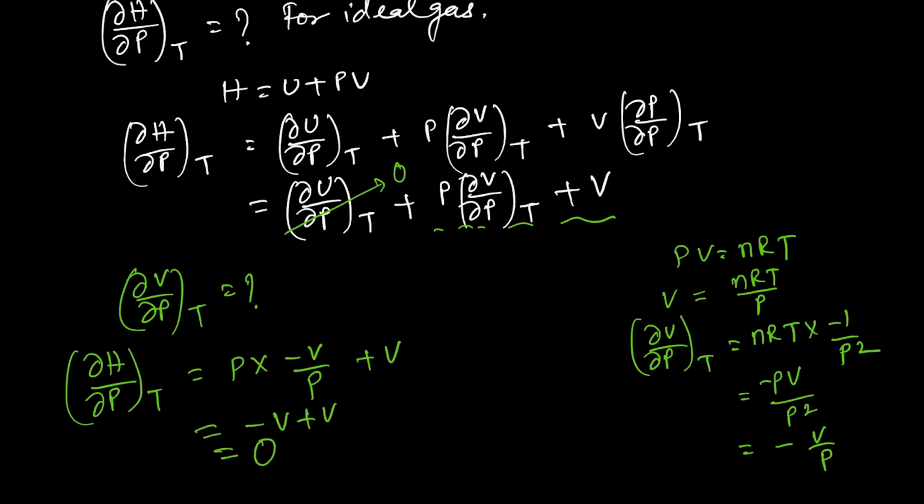So, which means that for an ideal gas, the Joule-Thomson coefficient is also going to be 0. Now, do you think that for a real gas, the temperature is going to decrease or increase when you go from high pressure to low pressure? Because you saw that when you go from low volume to high volume for a van der Waals gas, temperature decreases.